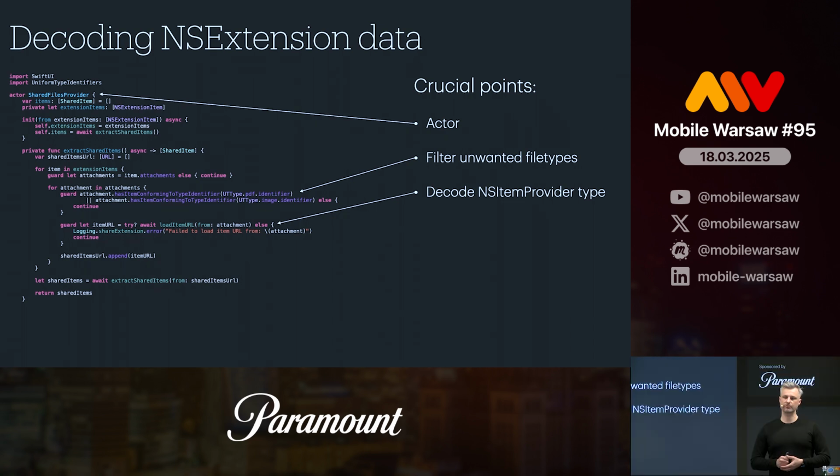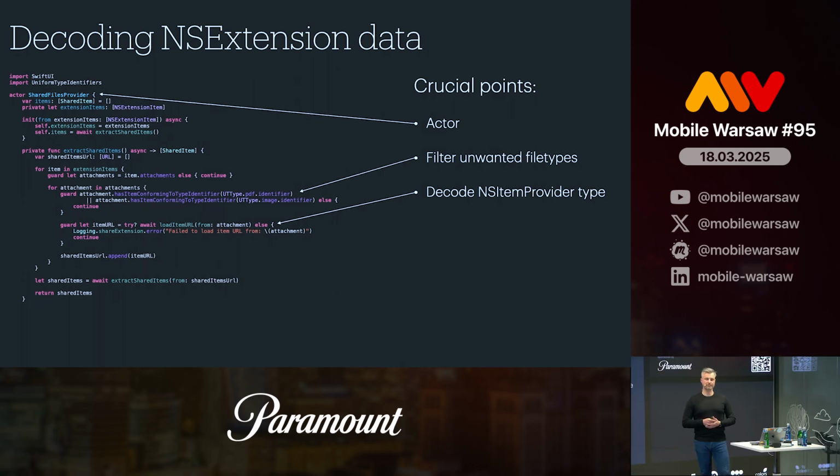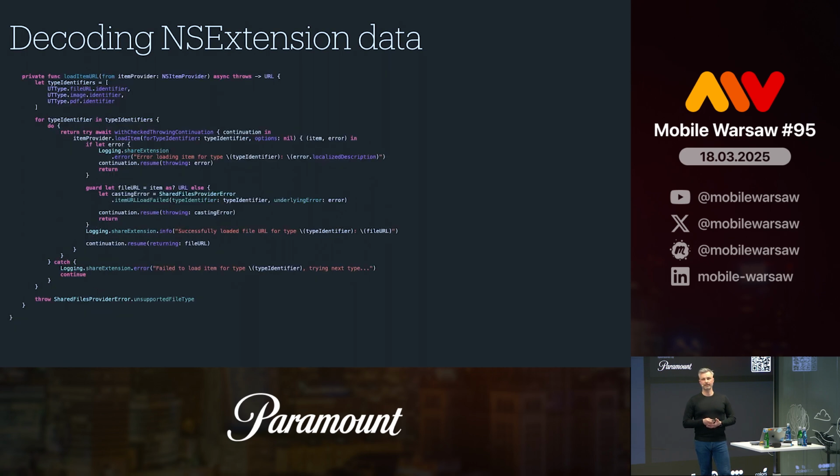I chose to share only images and only PDF files, but iOS decided that archives, so zip files, also get through this basic first filter. So I need to filter that data manually.